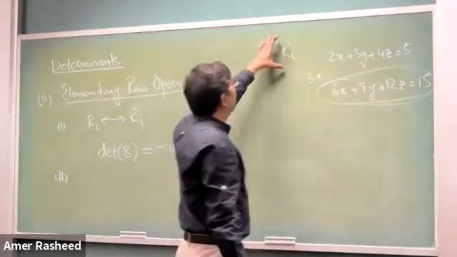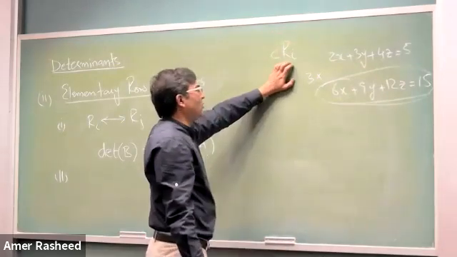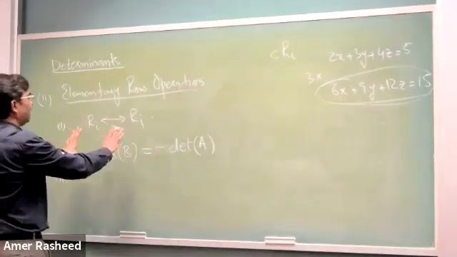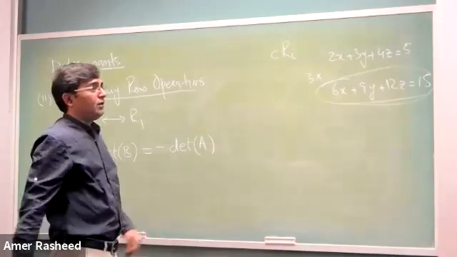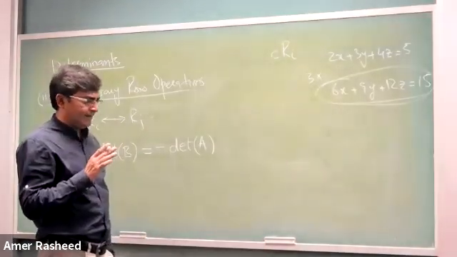So it was allowed, we can multiply any row of the augmented matrix with any constant. But here in determinants, we are not dealing with equations now. Now you have to look at this.